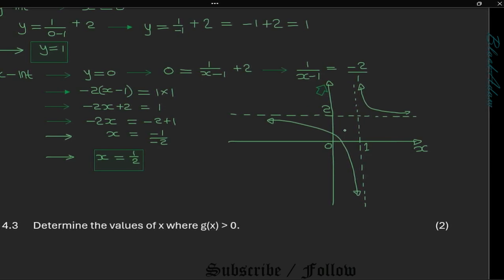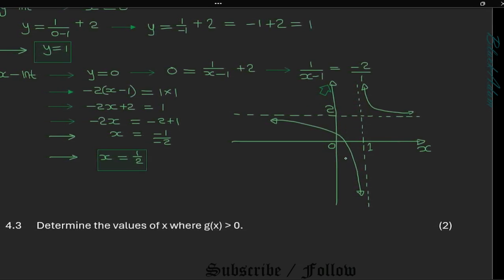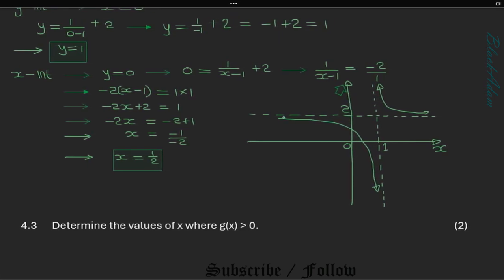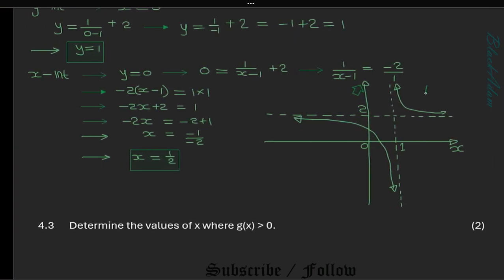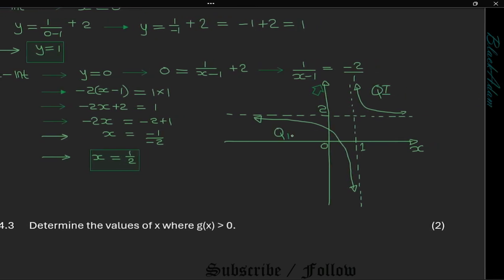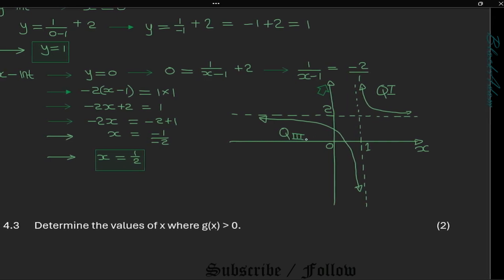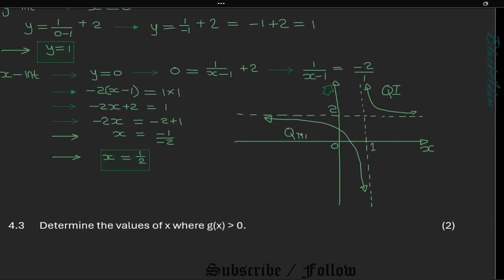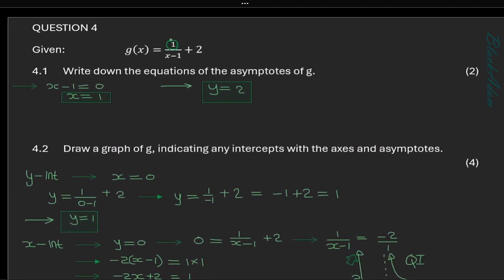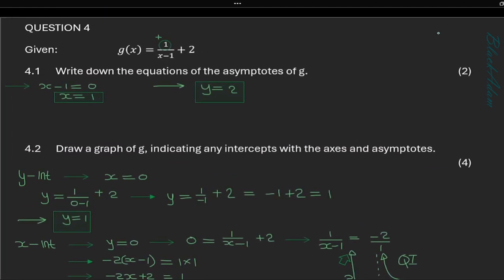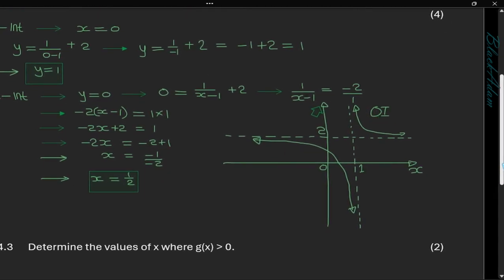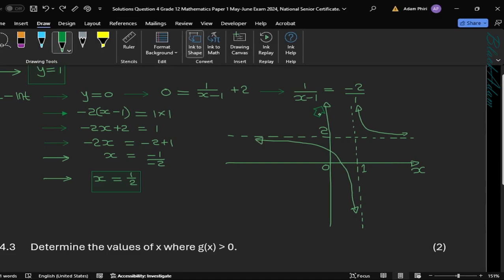So we have Q1 there, and then we have Q3. If it's Q2, it's going to be Q4. You jump one quadrant. The reason is because we have positive a, which is 1 there. The numerator is positive, so we have the graph on Q1 and Q3.